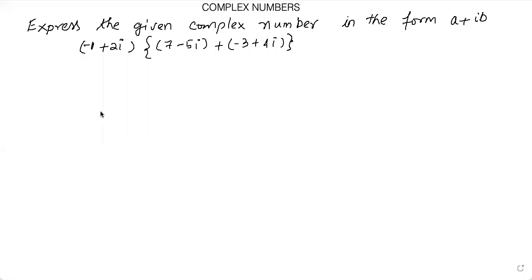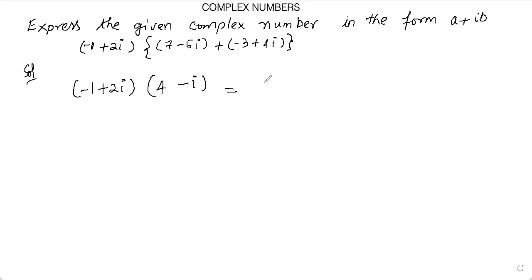So let us try to find the solution for this. First we'll look at the inner brackets, and we'll try to simplify first. So we get that as 4 minus i, and then we'll multiply this.